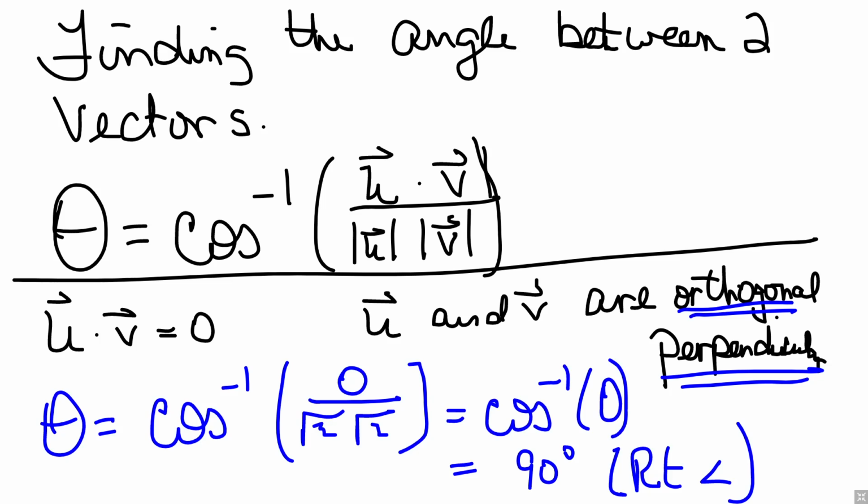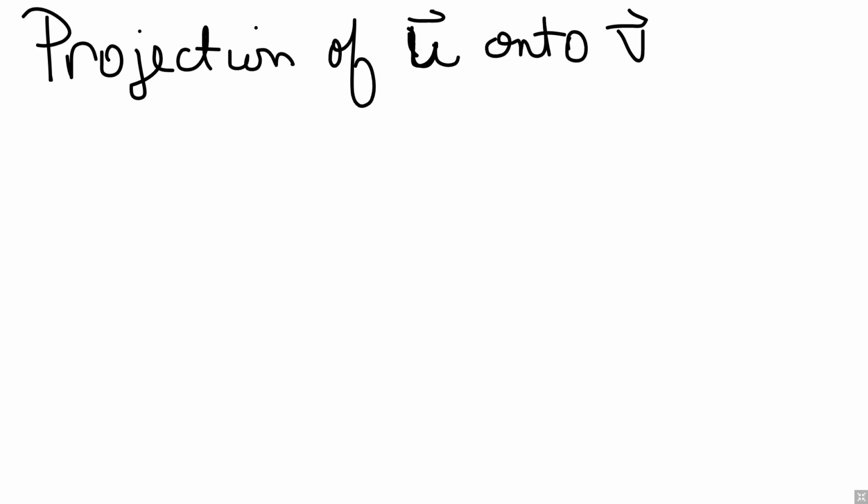Okay, so the next thing I'm going to talk about is doing what we refer to as a projection. If we do a projection, we're going to do a projection of vector u onto vector v.